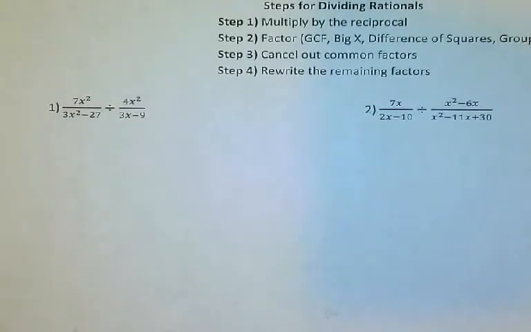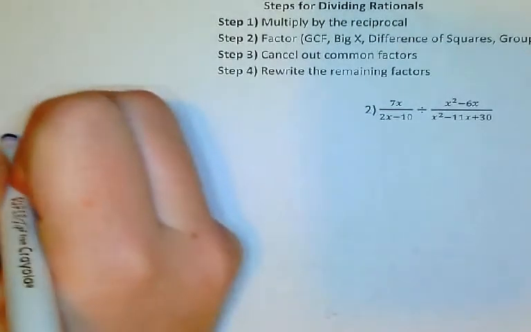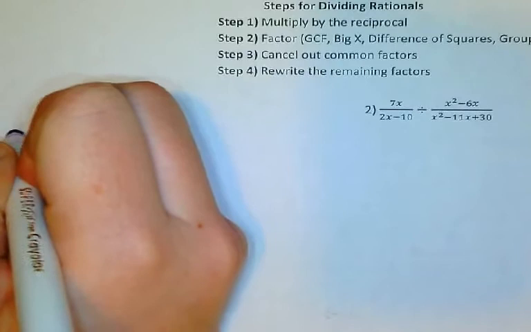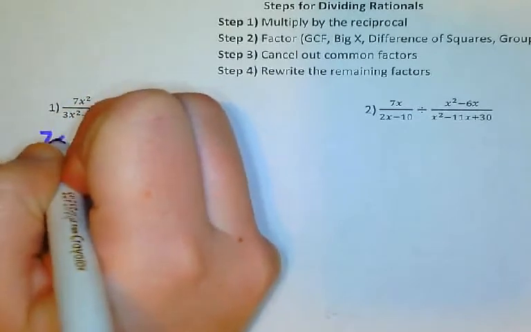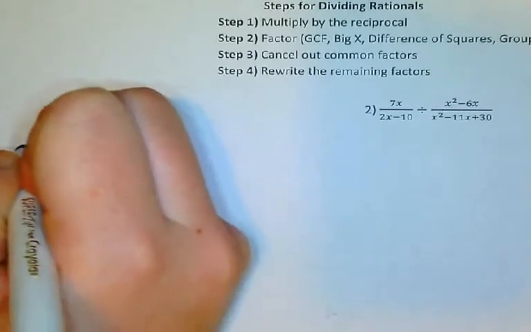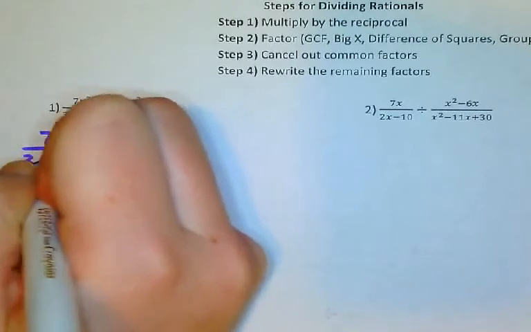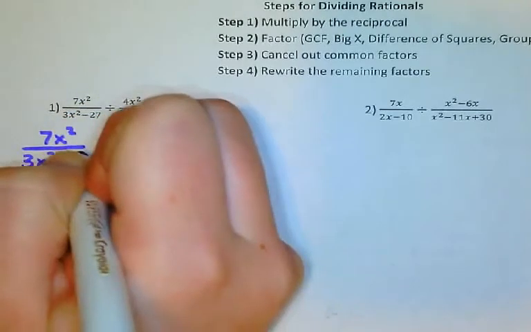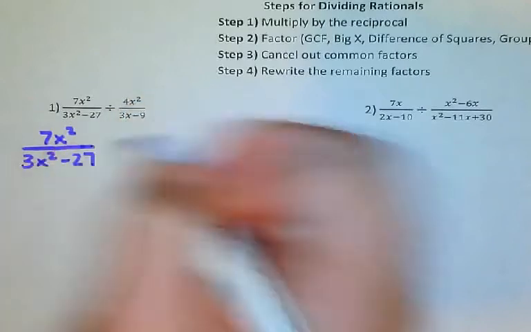Alright, so remember, step 1 is multiply by the reciprocal. Okay, so we are going to keep this 7x squared over 3x squared minus 27. Keep.